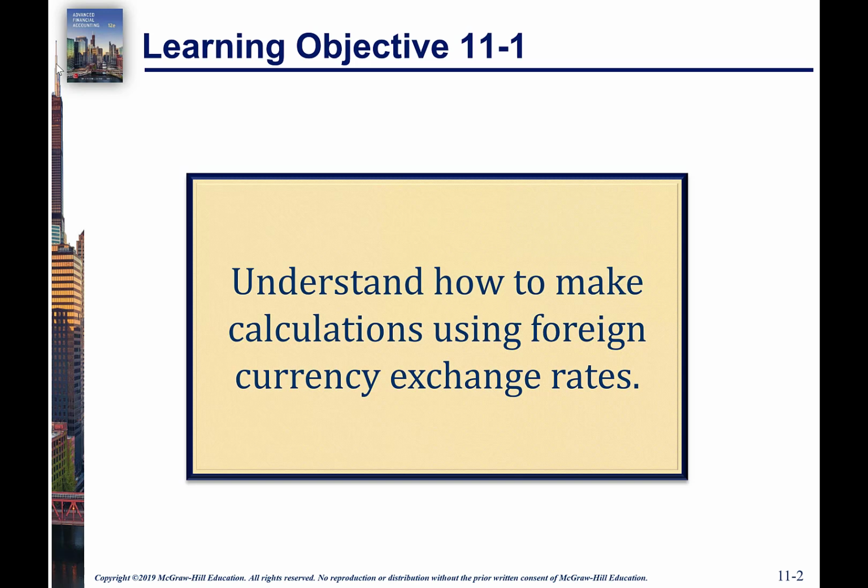And we're going to see that when we have a transaction, again, this is not between related companies, this is just buying, say, inventory from a foreign entity that expects to be paid in their country's currency, there's going to be a foreign currency transaction gain or loss that will be reported on the income statement. And so we'll take a look to see how that's talked about here in the slides.